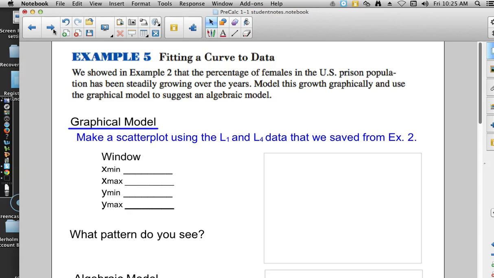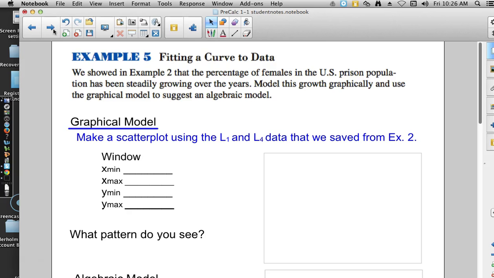So we're going to make a scatter plot using the list that we had in list 1 and list 4 from example 2. So that means we're going to go back into our stat plots, and we still want it turned on, but we're going to go down here and tell it that we want list 1 and list 4. And that also means we're going to have to change our window.